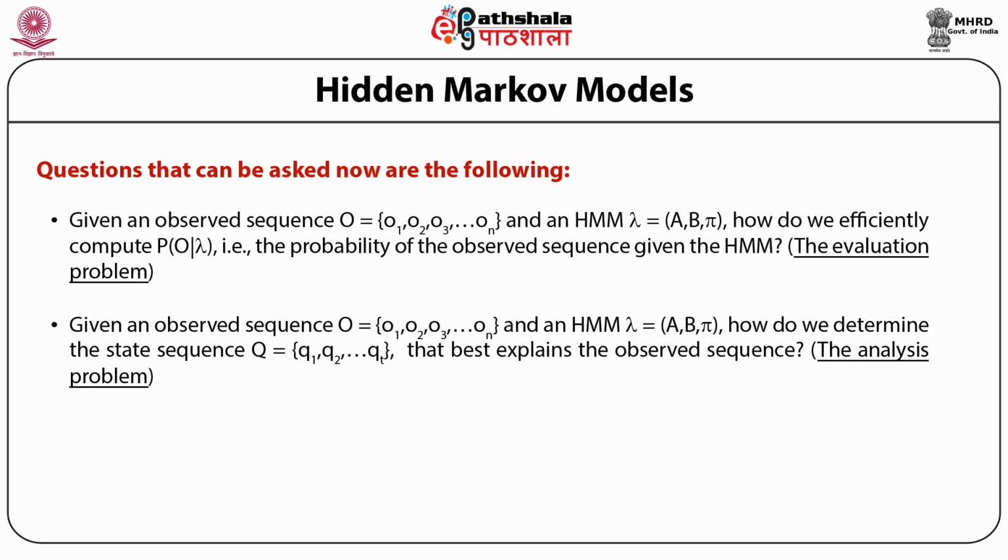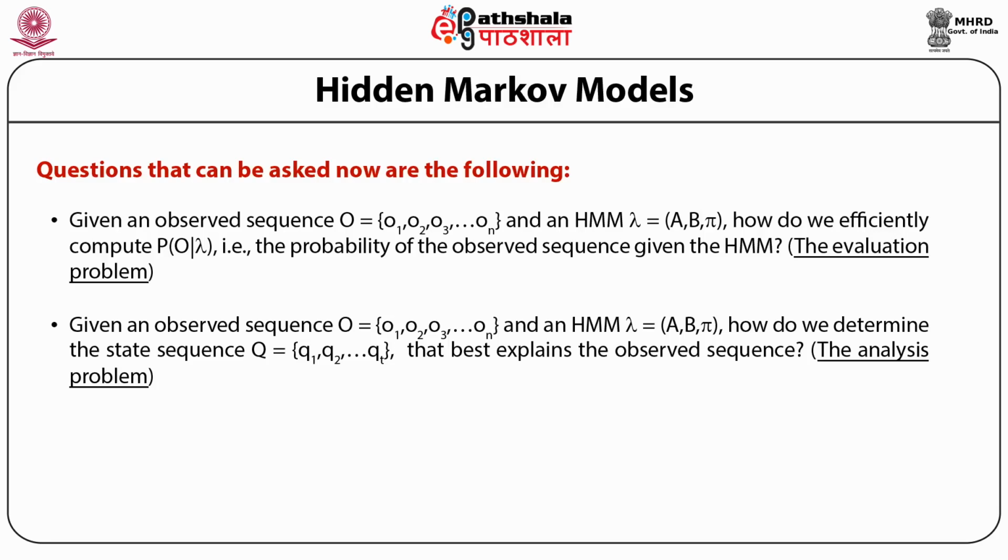I might have a very complicated hidden Markov model, but I'm asking, is there a Markov chain within it which is best capable of explaining, with the largest probability P(O | lambda), my observed sequence O? This is called the analysis problem.